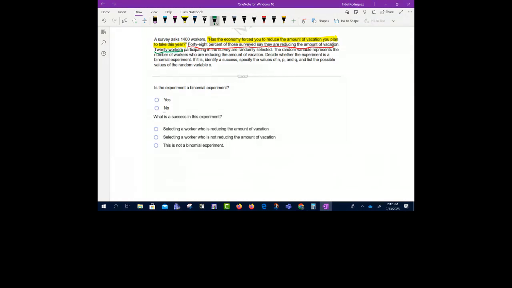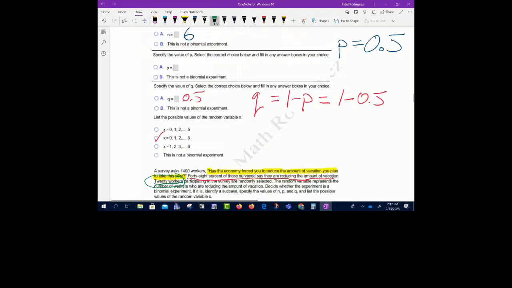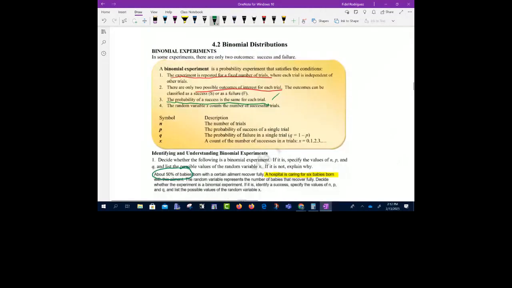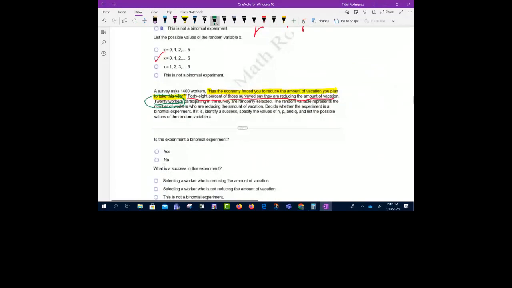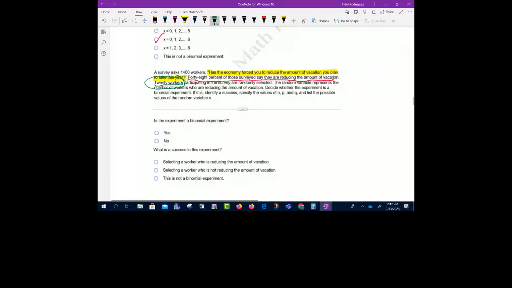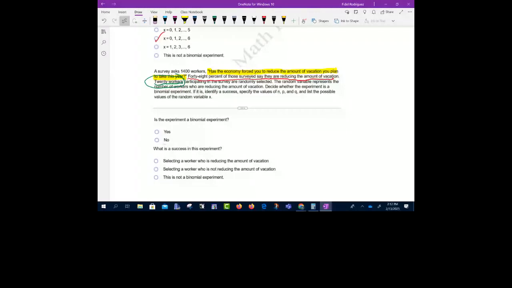List the possible values. Remember, if we want to know if this is a binomial experiment, we're going to repeat this for a certain number of trials. The number of trials we're going to do is with those 20. So we're going to ask 20 people the same question, okay? The second part of figuring out if it's a binomial experiment says there's only 2 possible outcomes. Either you're going to reduce your vacation or you're not going to reduce your vacation, right?